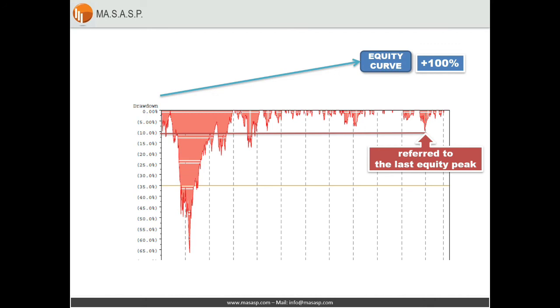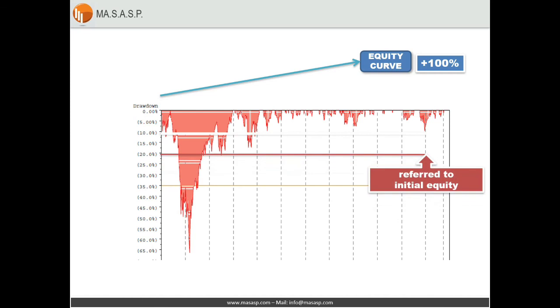Nonetheless, we can change our calculation method and assume that the invested amount grows year by year as the equity keeps growing across time thanks to the accumulated profits. We will get as a result a drawdown twice as big as the previous one.